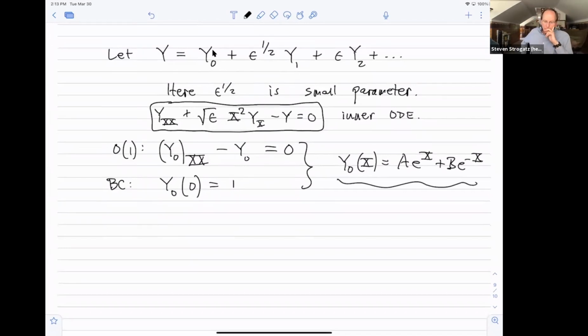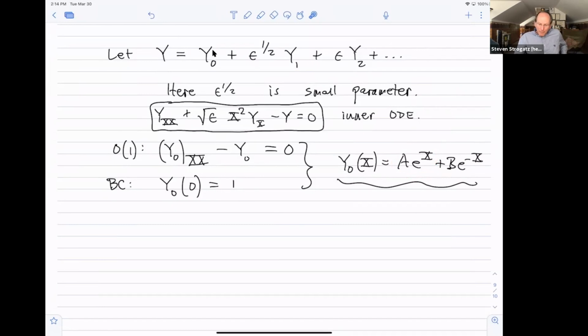because, well, let's see. Remember, we have to match what's happening in this inner region to the outer solution. And notice this bad looking term right here, exponentially growing term. Really, I ought to determine the boundary condition immediately using this. But let me do things in a strange order, which is to say, I want to eliminate this exponentially growing term because I know I'll never be able to match it.